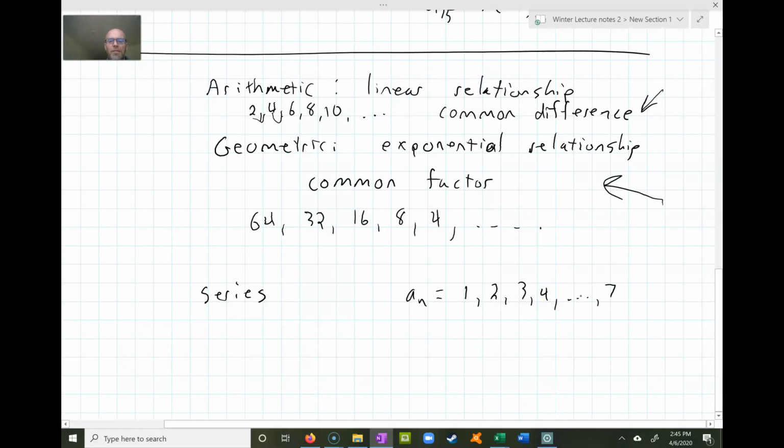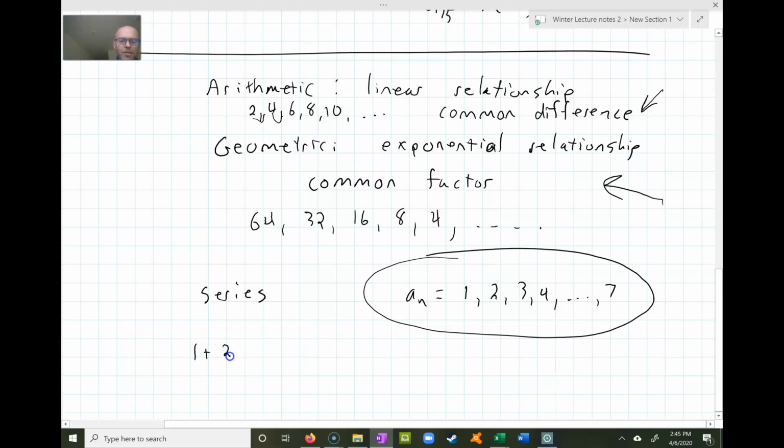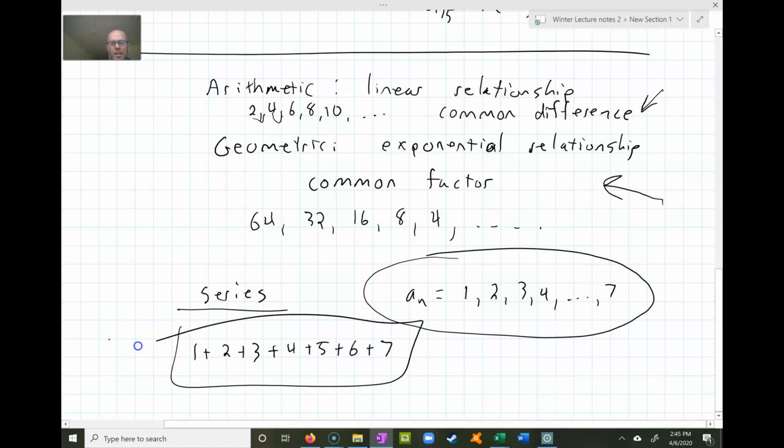If I wanted to write the series, it would be just all these terms added up. So the series would be 1 plus 2 plus 3 plus 4 plus 5 plus 6 plus 7. And in this case, the series is actually just going to be a number because I can add those up.